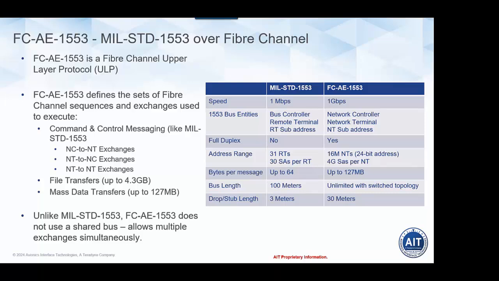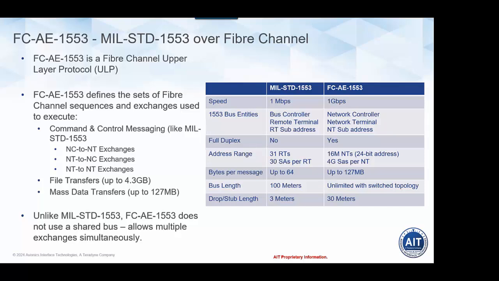FCAE 1553 is full duplex, so you can have multiple transactions or transfers occurring simultaneously. It's not a shared bus like 1553. So in addition to a higher bit speed on the network, you can also stack up and do exchanges of data in parallel with FCAE 1553.